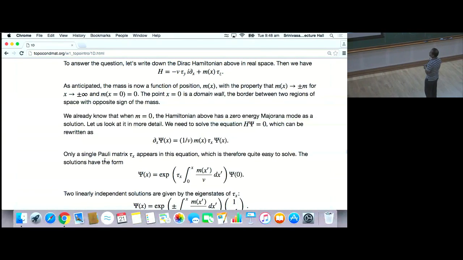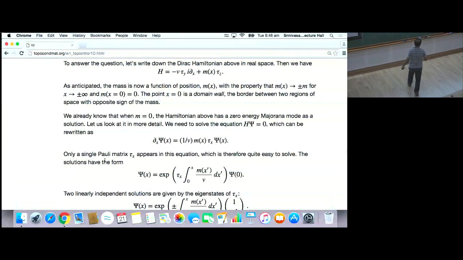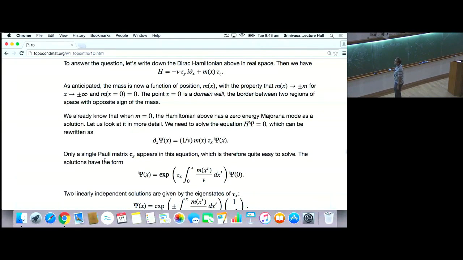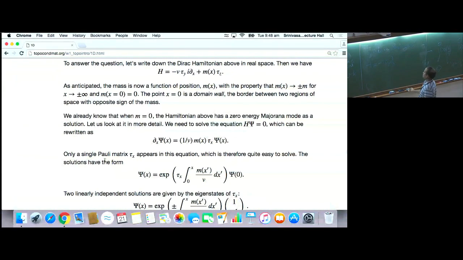So let me just do this. Your Hamiltonian is, in this case, minus i tau y del x plus m(x) tau z. And I want to try to find a zero mode, so I want to basically solve H psi equals 0.